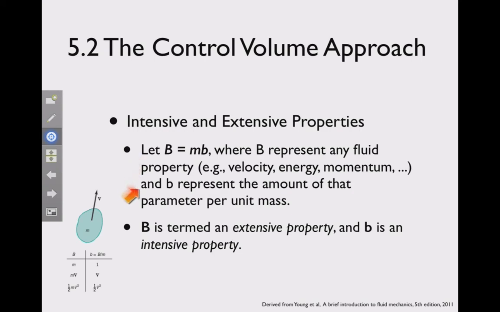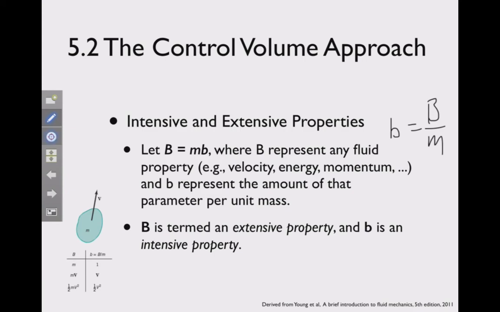Whatever that b is going to represent, it is the amount of that parameter per unit mass, because b over m times m gives us B. So basically, b has to equal capital B over m. It's the amount of that parameter B per unit mass.